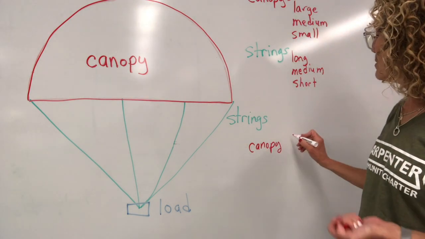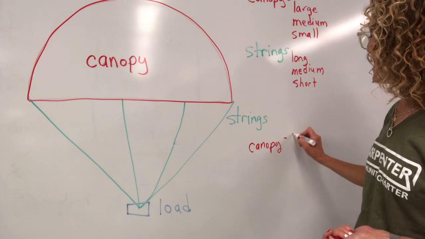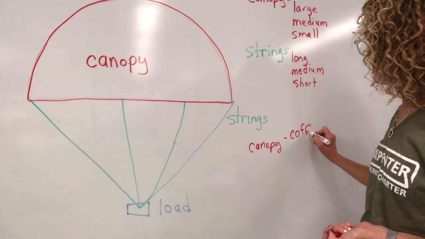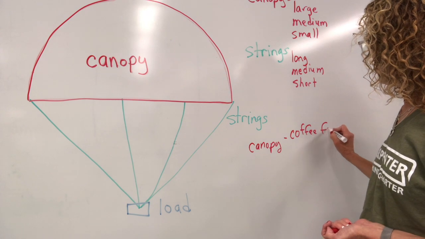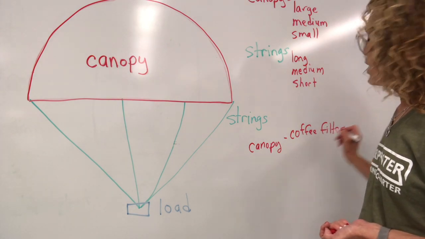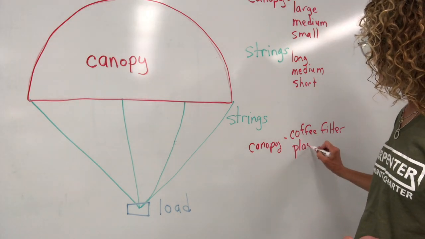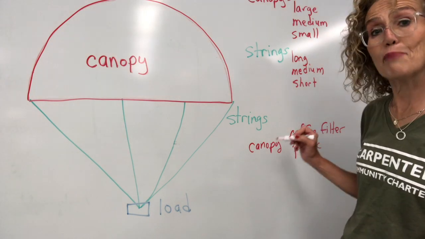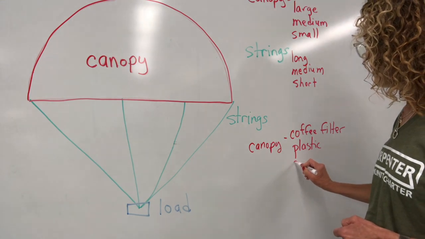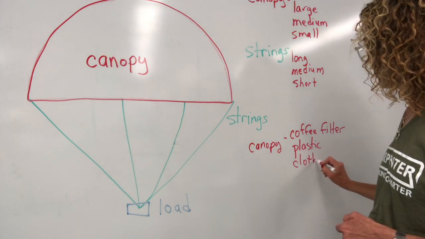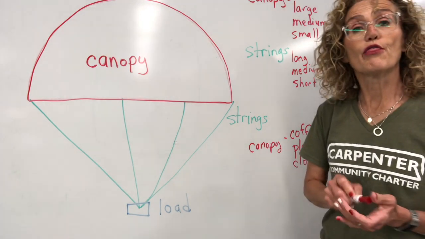We could make the canopy out of a coffee filter, we could make it out of plastic, like a plastic bag, and we can make it out of cloth.